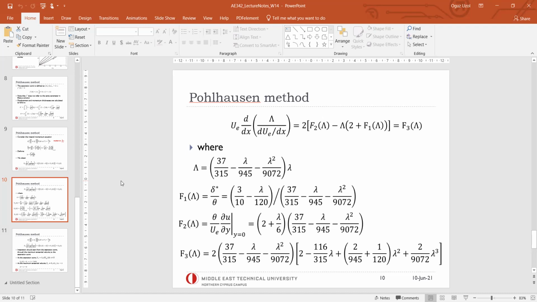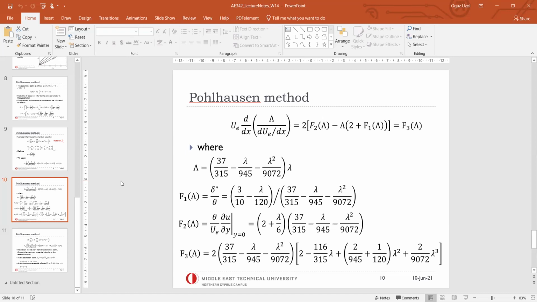Most of the time we get under prediction of delta star and theta if we assume that linear velocity profile. It provides a solution, but of course we know that it is not sufficient.